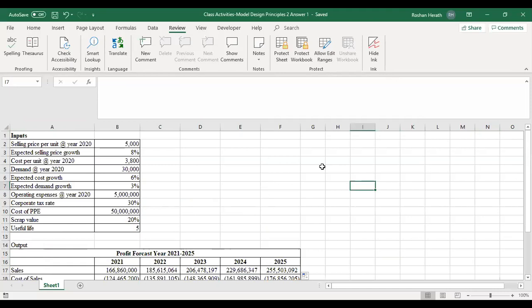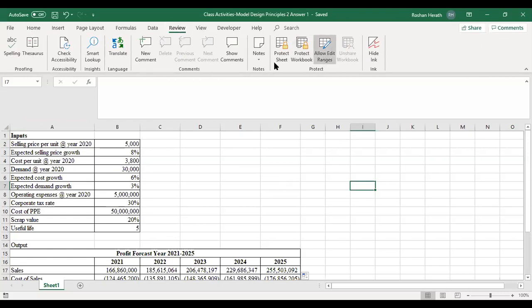In this case, what am I basically going to do? I'm going to only allow the user to operate in the input area. The rest of the areas get protected. So what I need to do, when you are in the home tab, you have to go to this review.